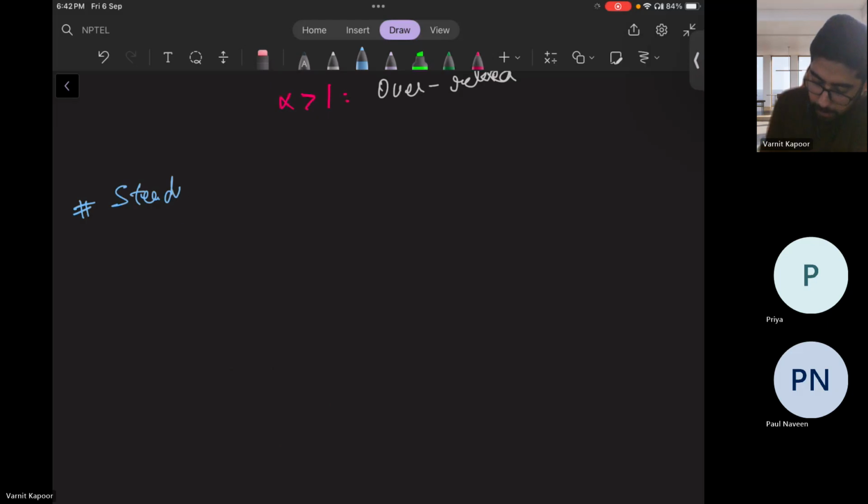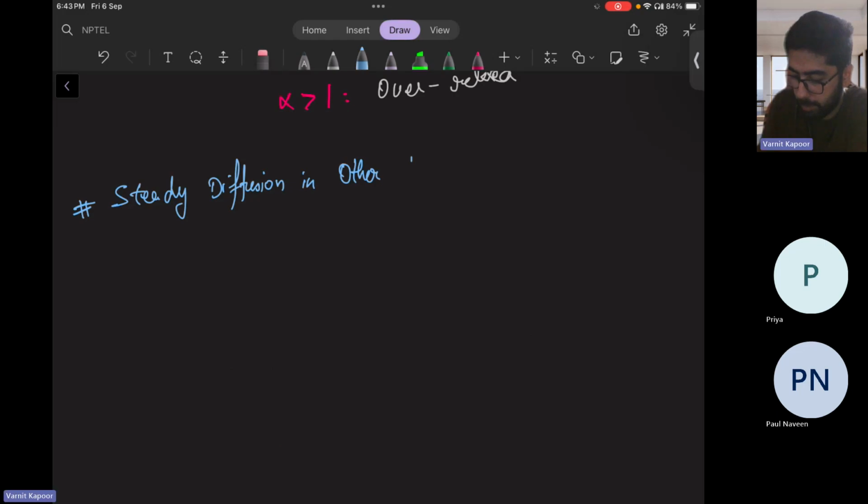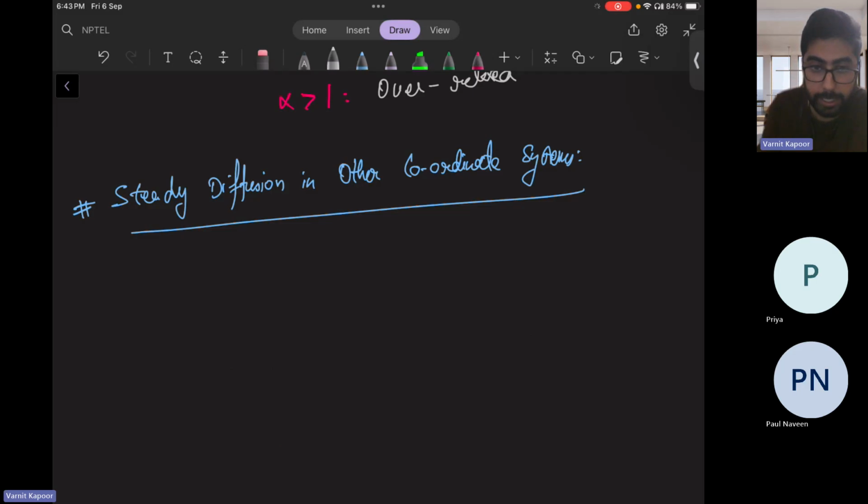Steady diffusion in other coordinate systems. So far we were dealing with Cartesian coordinates.